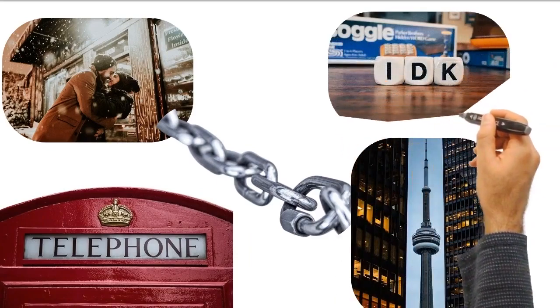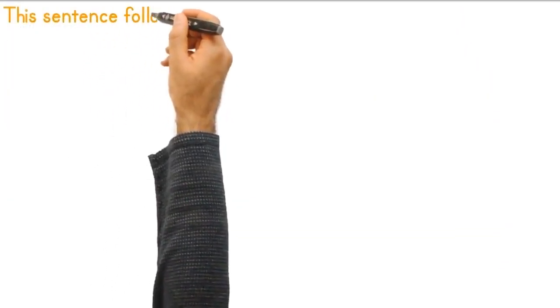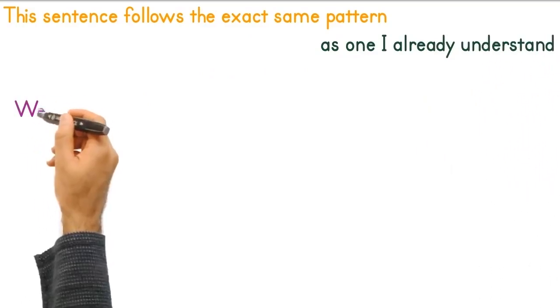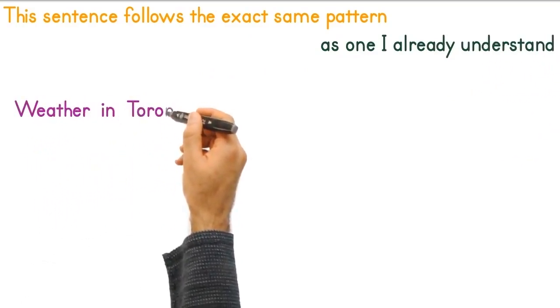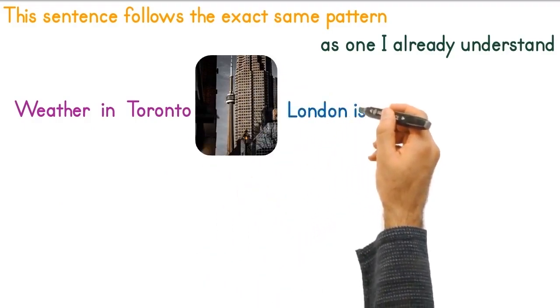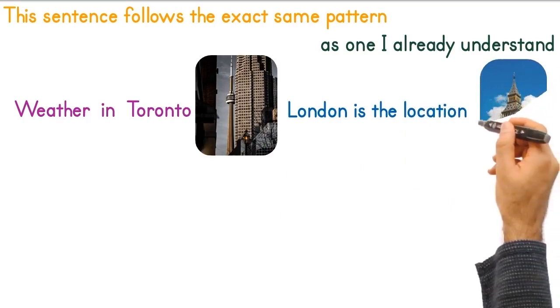So whenever I ask a similar question and say, "What's the weather like in London?" the reinforcement learning cycle would say, "Well, I know what weather means, but I don't know what the rest mean." However, the structure of this sentence follows the exact same pattern as one I already understand. When you ask for the weather in Toronto, I can assume that London is the location that you actually want to learn about.